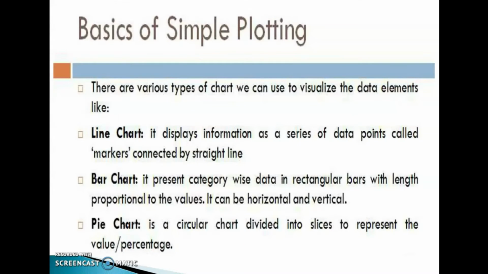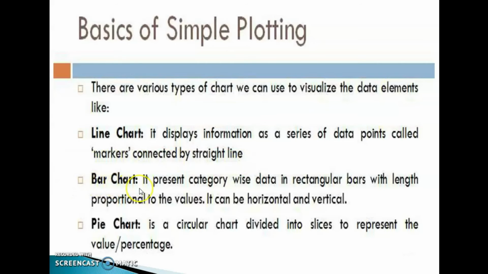Then, basics of simple plotting. There are various types of charts we can use to visualize the data elements, like line chart, bar chart, pie chart, etc. What is a line chart? It displays information as a series of data points called markers connected by straight lines.